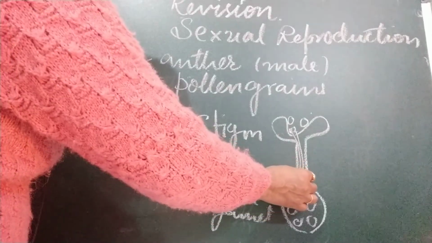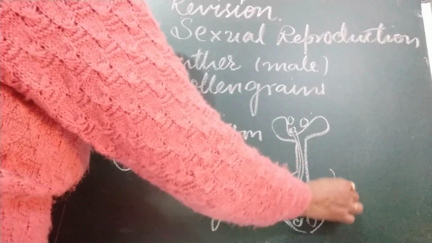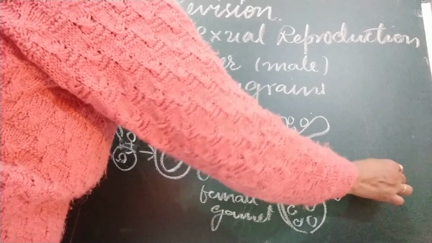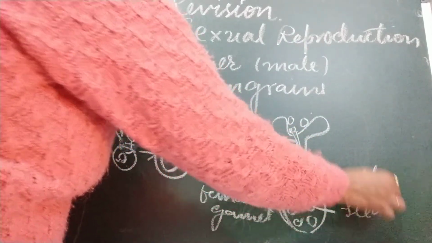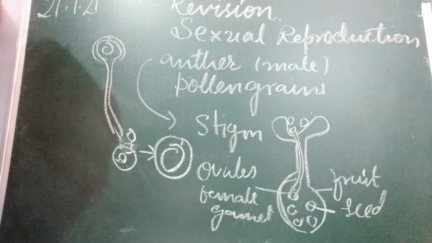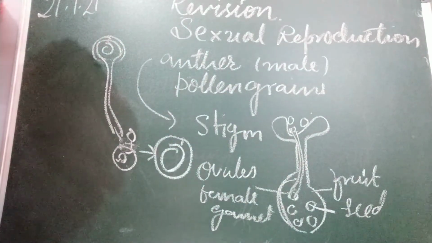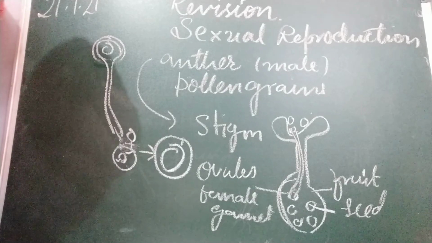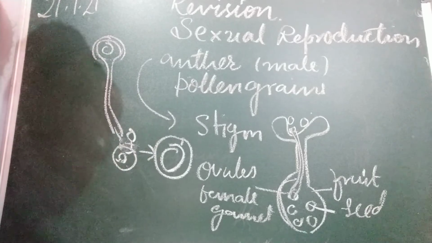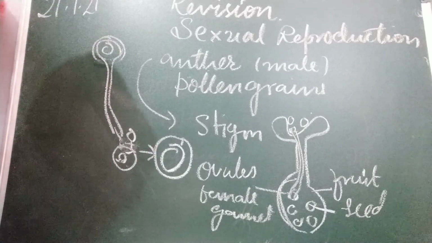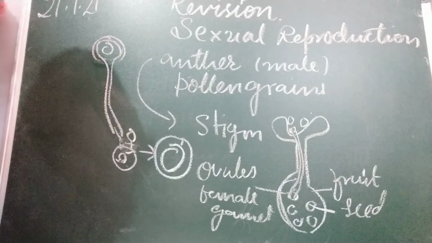Children, the ovary swells up and forms fruit, and the ovules turn into seeds. The rest of the parts dry up and wither away. Dispersal of seeds takes place by wind, water and animals, and then these seeds, when they get suitable conditions, start germinating.